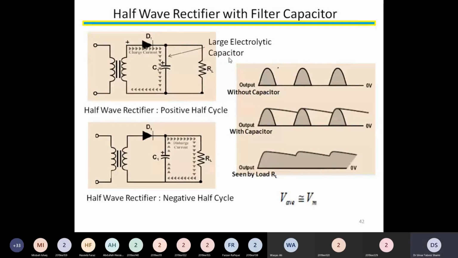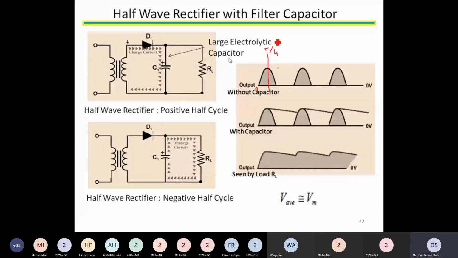So in this circuit, what we see is almost a similar circuit, but with the addition of a large capacitor. The capacitor will charge during the time from 0 to T by 4. This is T by 4, this is 0.